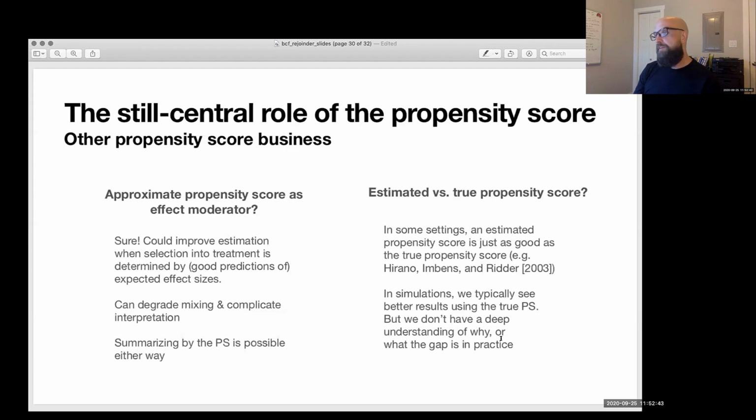But I would say that we don't have a deep understanding of this, theoretically, or what the gap is in practice. I would love to see some of the folks that are doing more statistical theory aim their cannons at BCF and related models, because I think there's a lot we could learn from that. But this is what we see in simulations and the intuition there.